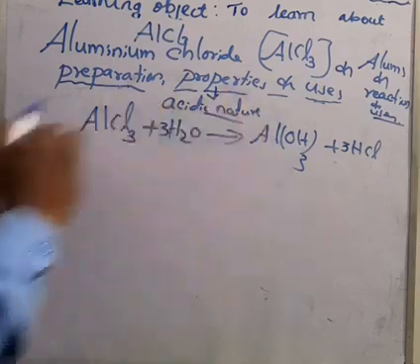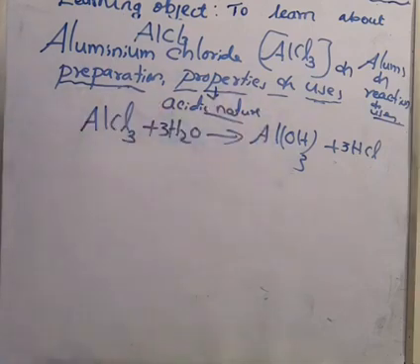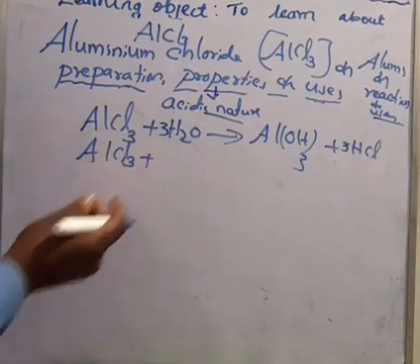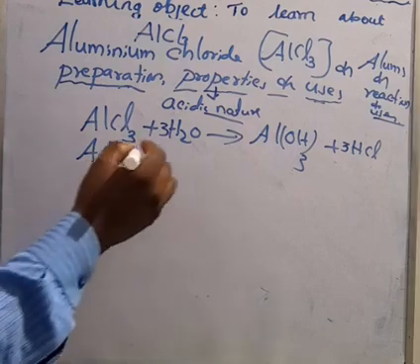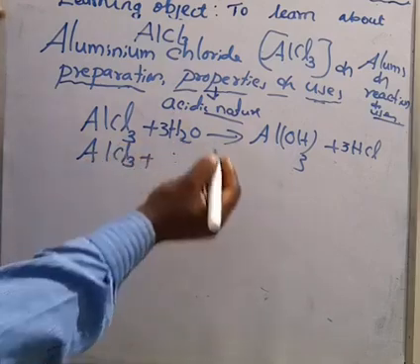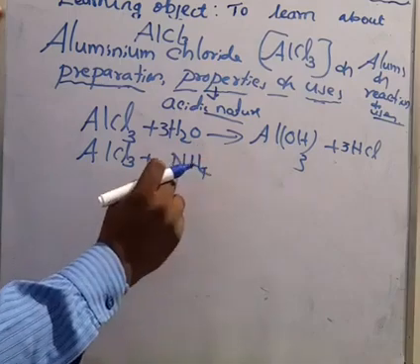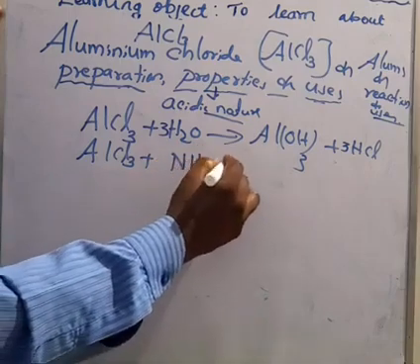With ammonium hydroxide, it forms aluminum hydroxide. Aluminum chloride reacts with ammonium hydroxide. What is the formula for ammonium hydroxide? NH4OH.